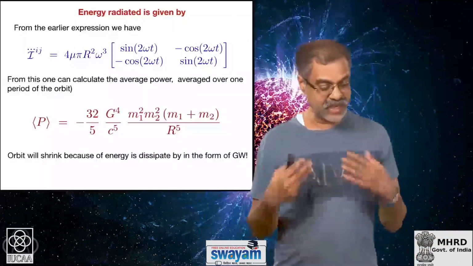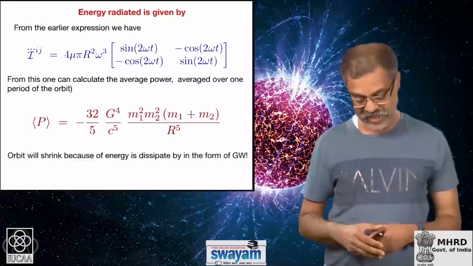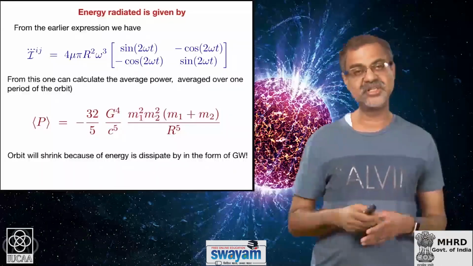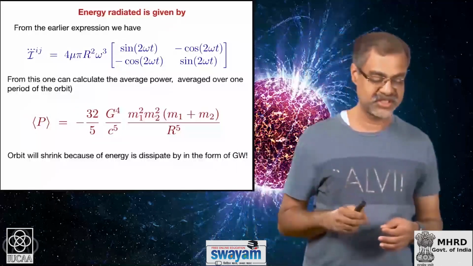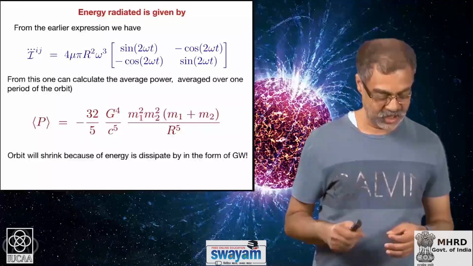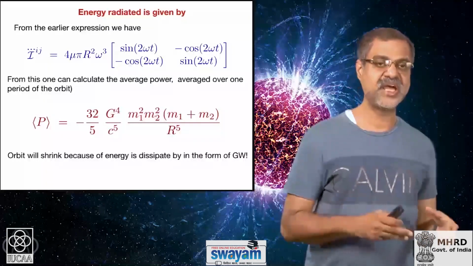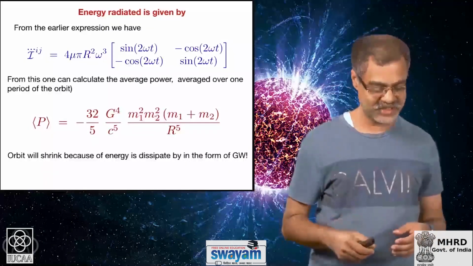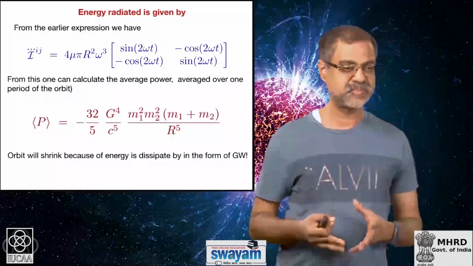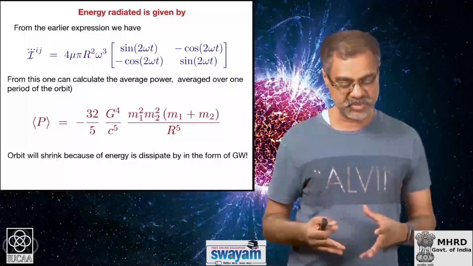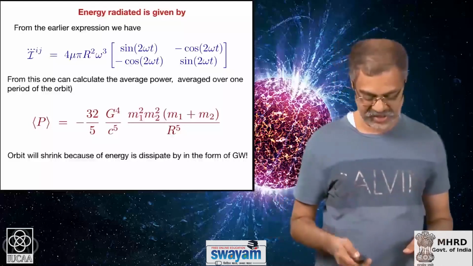There are many other sources one can calculate and go into details of how the radiation is emitted, but the single and most important equation in this is the quadrupole moment tensor and its second derivative, which is directly connected to the amplitude of the gravitational wave emitted. It essentially says that if the system is spherically symmetric and collapses, no matter how fast it moves, it does not emit radiation.